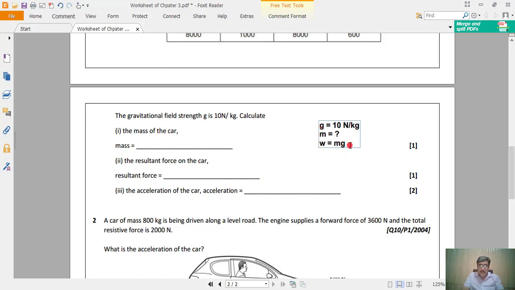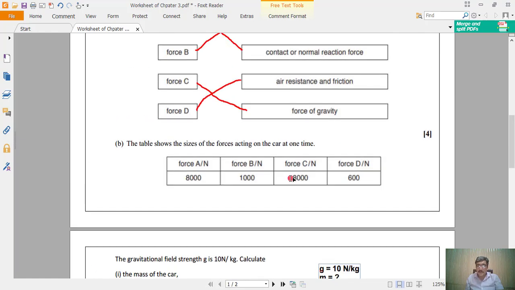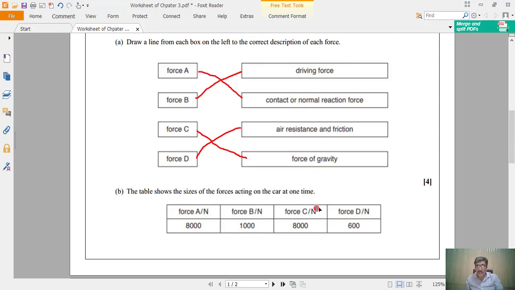Weight is a force. So I will replace this W with force F, and I will write F is equal to mg. And this F is the force due to gravity, force C, which is acting in the downward direction.